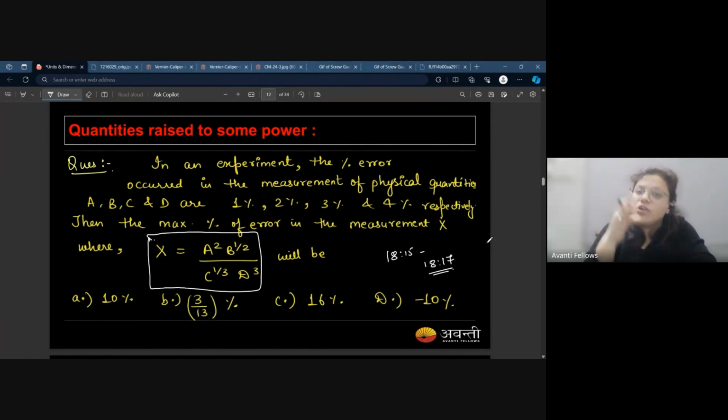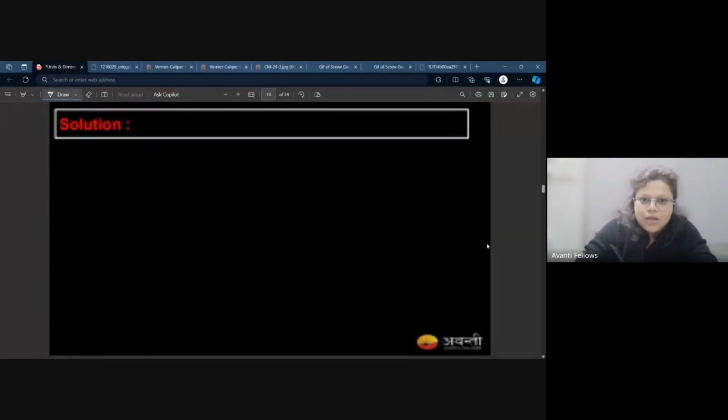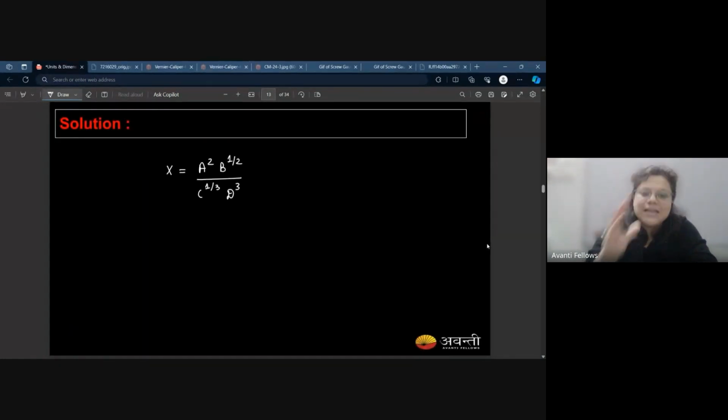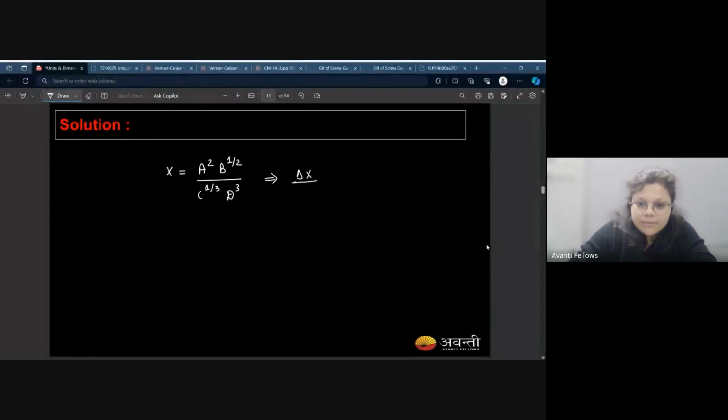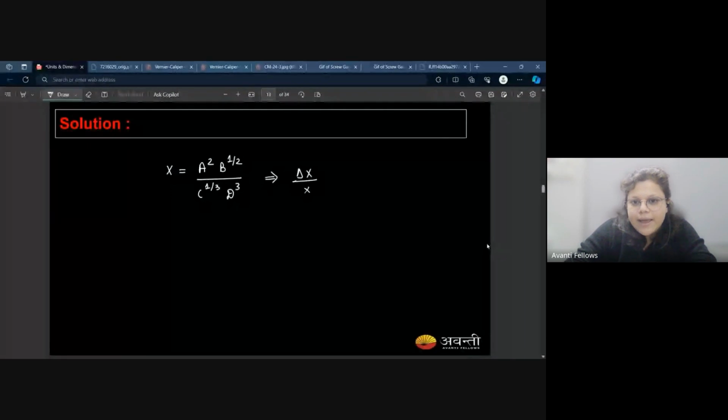It's just that we need to find out that error. You have here the information about the errors in measuring these four quantities, 1, 2, 3 and 4% respectively. So the basic idea of solving these kinds of questions is this: first you try to calculate delta x, but what you would get is delta x by x.